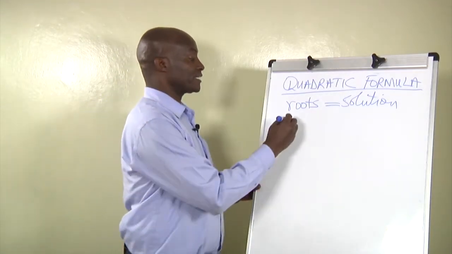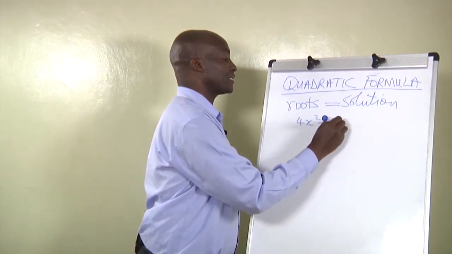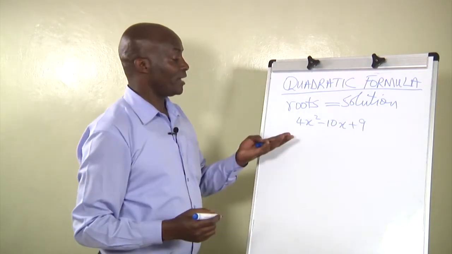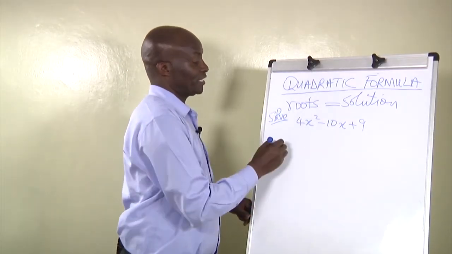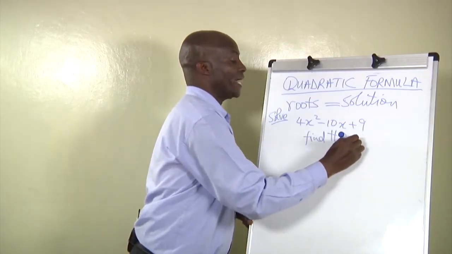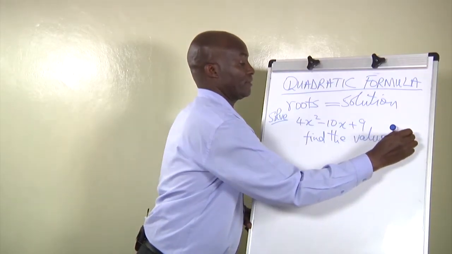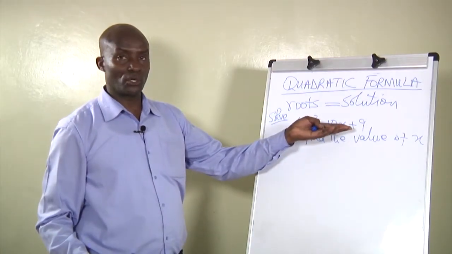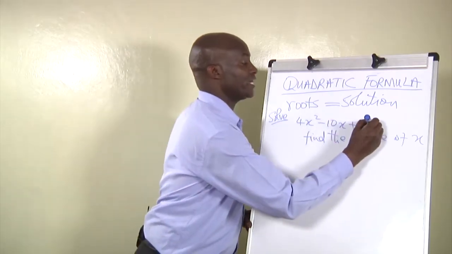Let's say, for example, you are given 4x squared minus 10x plus 9, and you are told to solve. To solve this means find the value of x. And usually, it will have two solutions, which we call the roots of the equation.